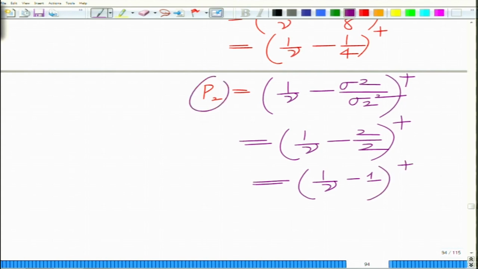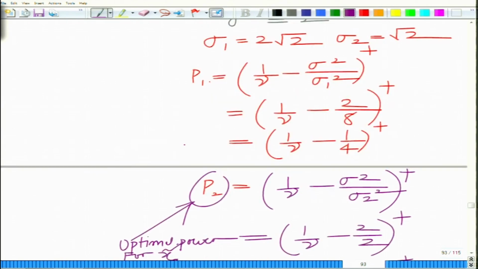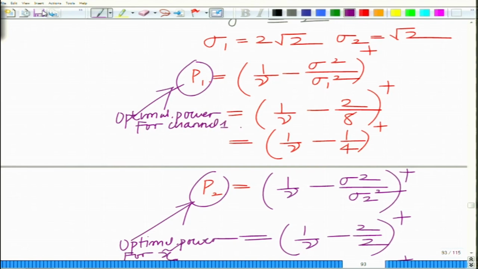So, this is the optimal power for channel 2, or you can say optimal power for x tilde. This is the optimal power for channel 1, the optimal power for the component parallel channel.